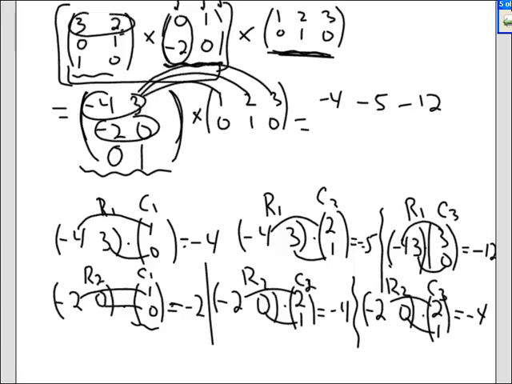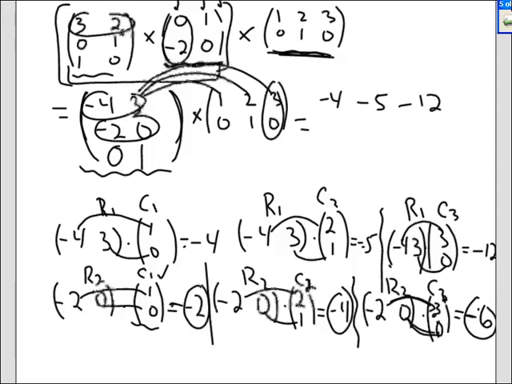Okay. So the third column is 3, 0. Sorry about that. Got the same answer. I got a little suspicious. Negative 6 plus 0 is negative 6. So row 2 will be negative 2, negative 4, negative 6.